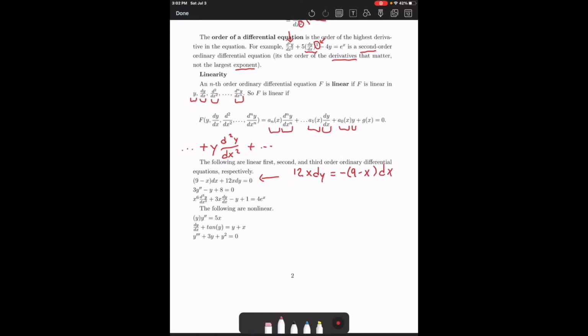Now that I've moved my y minus x over to the right side here with the dx along with it, I can divide both sides of this by dx. And now I'll just move that 9 minus x back over.